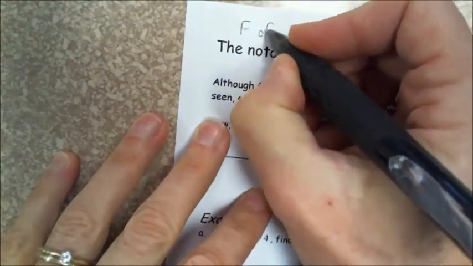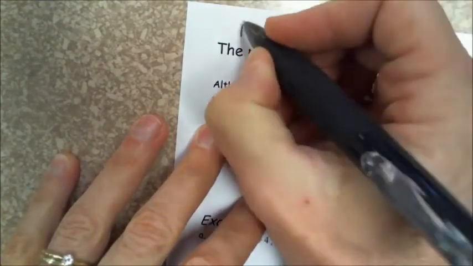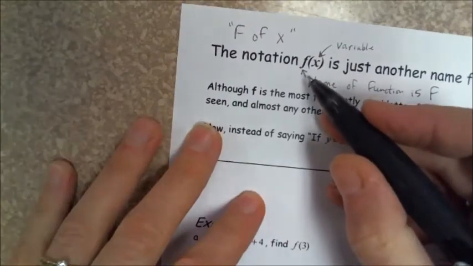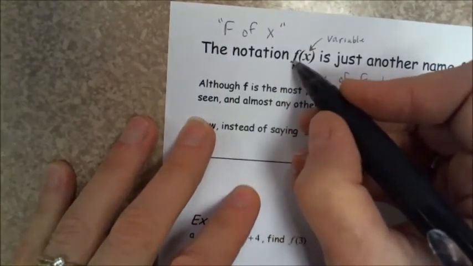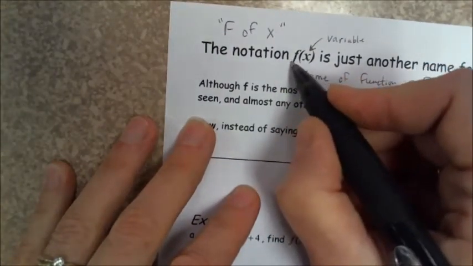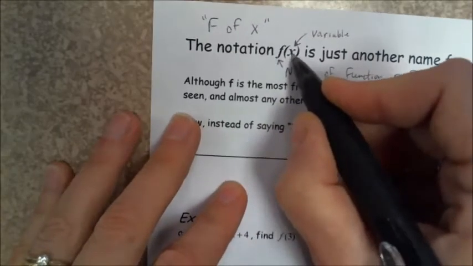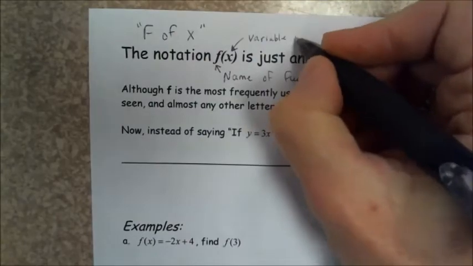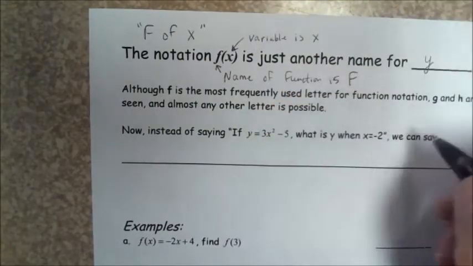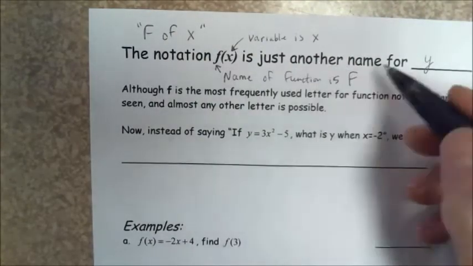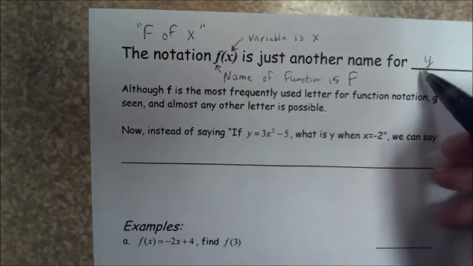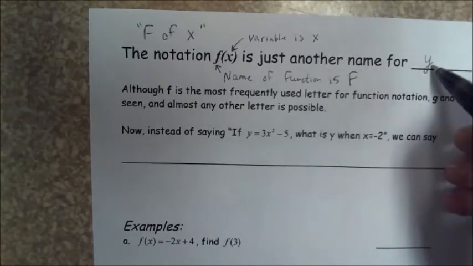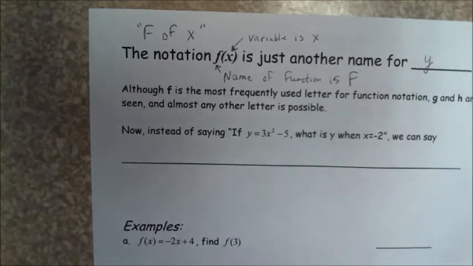Like I said, the name of the function is f. The variable that we're going to be plugging into this function is the x. So this variable is x. And f of x is just another name for y. So whenever you see f of x, you can always replace it with a y.